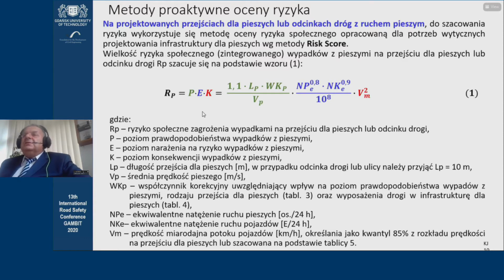So that's one group, and the other group is the likelihood of an accident depending on pedestrian and vehicular traffic. I used the work of Professor Olszewski and other international sources. And then the third group, depending on the speed square.